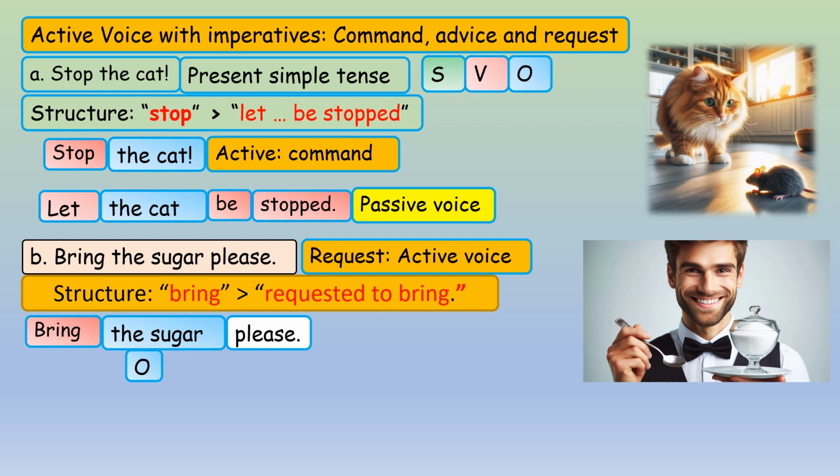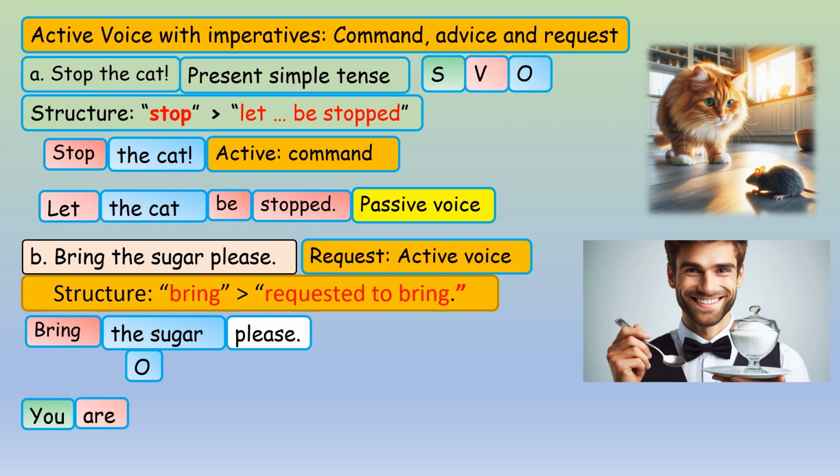Bring the sugar, please. So bring is my verb. Again, the subject is always you. It's not written. It doesn't have to be written. The object is the sugar, and please is an adverb. Now, we have to add a subject there, you.